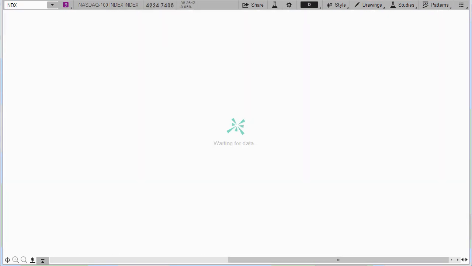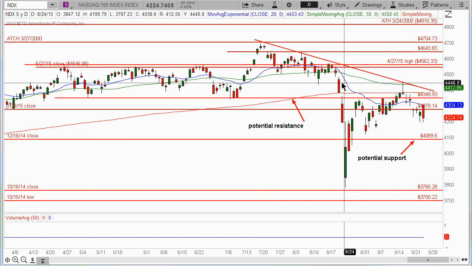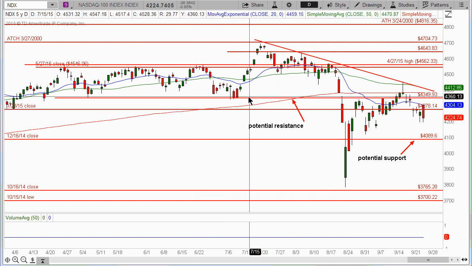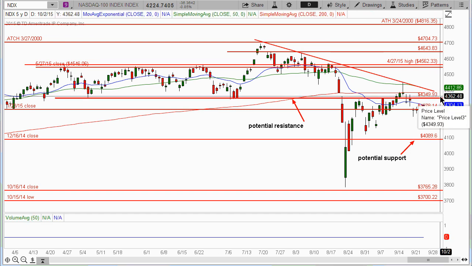And if we take a look at the NASDAQ 100, similarly to the S&P 500, right now it's still trying to get back above this area here, this 43, 49, 93 or 43.50 area.